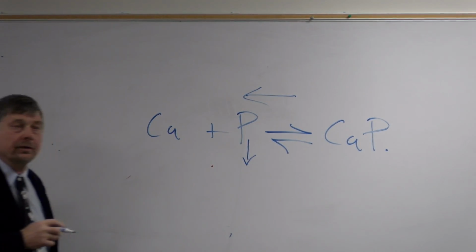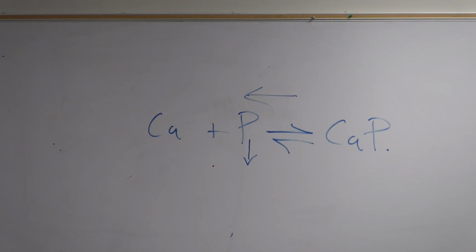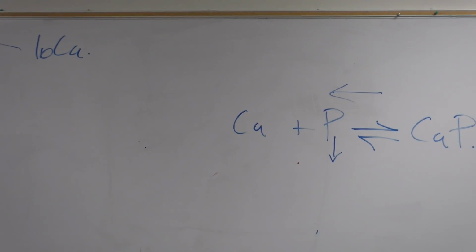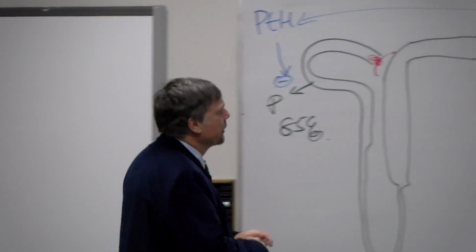and the reaction goes in this direction. Okay? So phosphate loss is actually a way, at least immediately, of bolstering the low plasma calcium. And we'll go through this in endocrinology later on as well. There are also some direct effects.